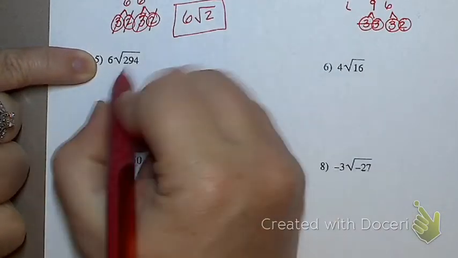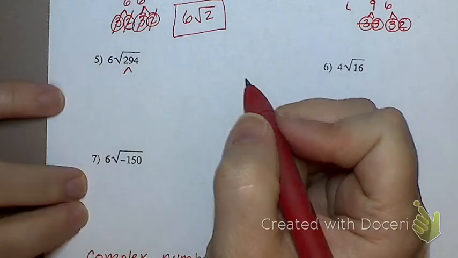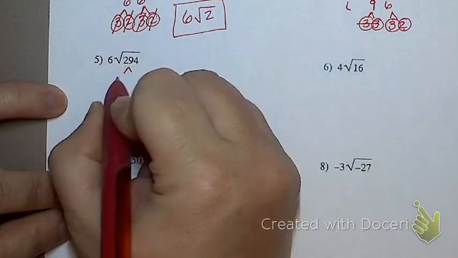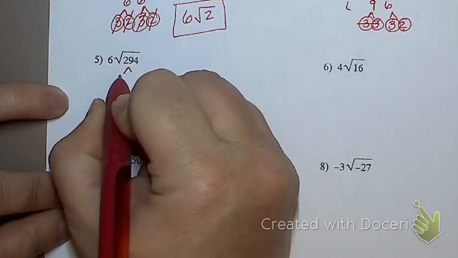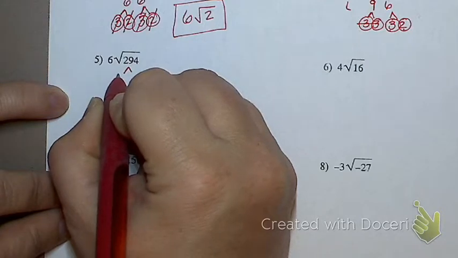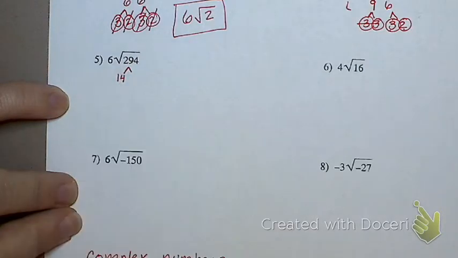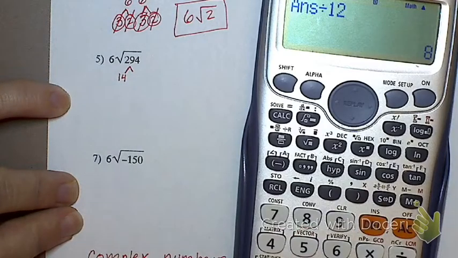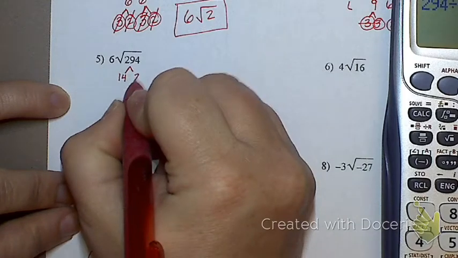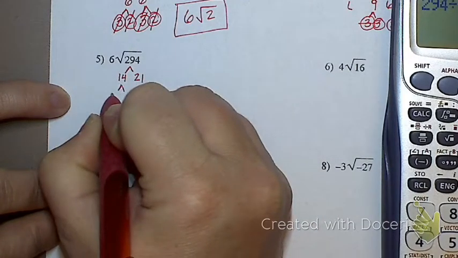Okay. This one. Do I have an i? No. So let's just draw a tree. What multiplies to get 294? Anybody? 14 and what? 21. Let me just verify. 294 divided by 14. Okay. 14 and 21. I like that. That'll make my tree nice and small.